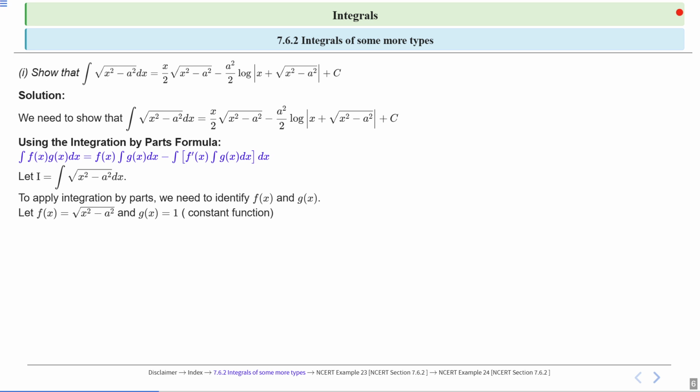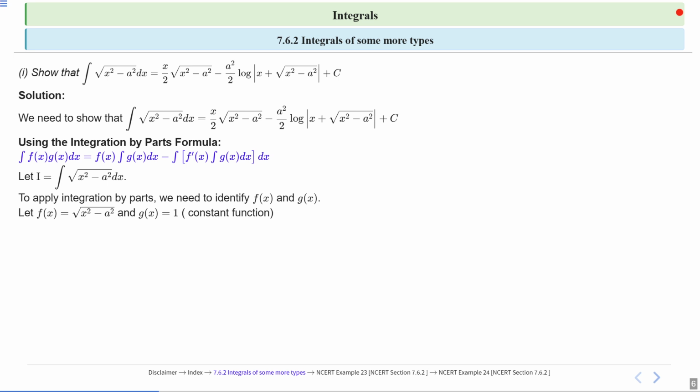Because in the integration by parts formula we have to integrate the function g(x) and differentiate the function f(x), so we cannot take x square minus a square as g(x). So we take f(x) equal to root under x square minus a square and 1 as g(x).